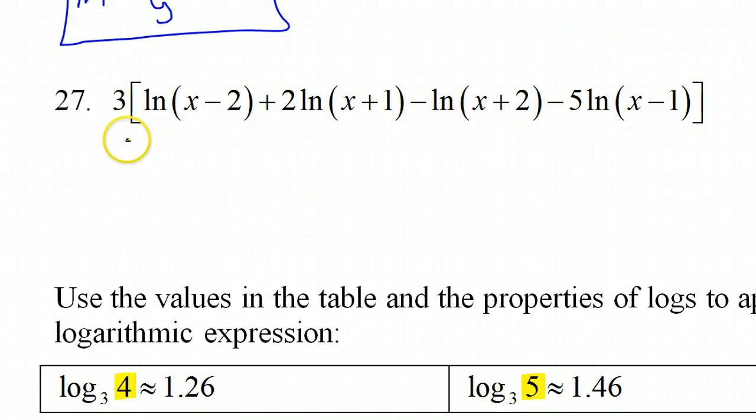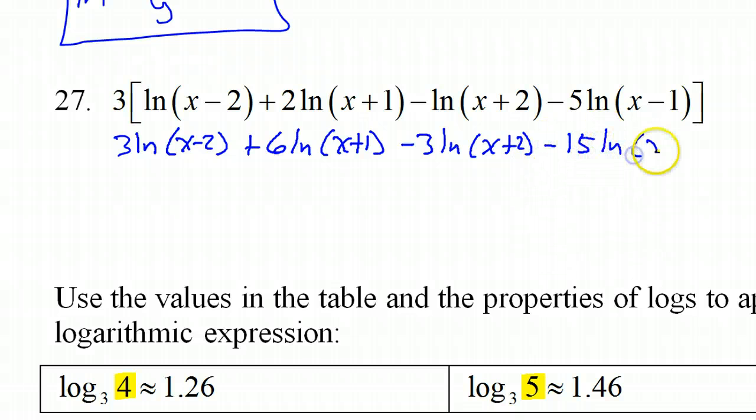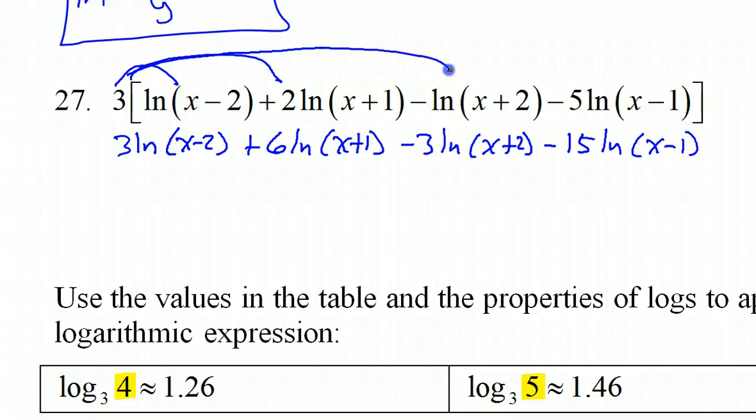So that's going to make this 3 natural log x minus 2 plus 6 natural log x plus 1 minus 3 natural log x plus 2 minus 15 natural log x minus 1. Alright, I just distributed this 3 everywhere.